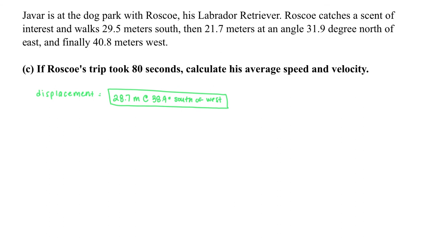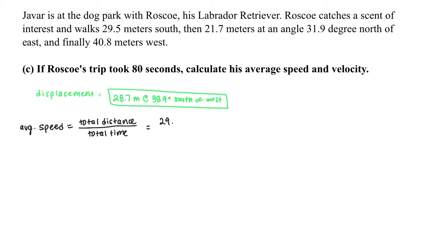Now, the last part of this problem asked us to solve for Roscoe's average speed and velocity given that his trip took 80 seconds. Recall that the formula for average speed is the total distance that an object travels divided by its total time. And in this case, the total distance that Roscoe travels would be found just by adding up each of the segments of his motion.